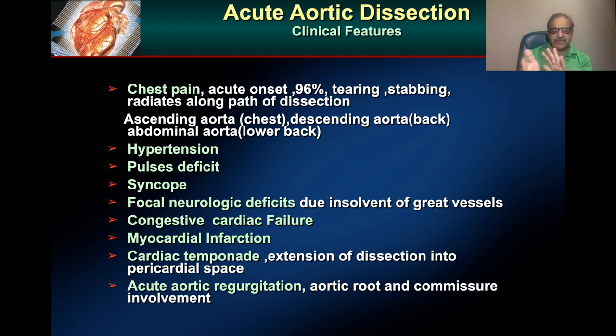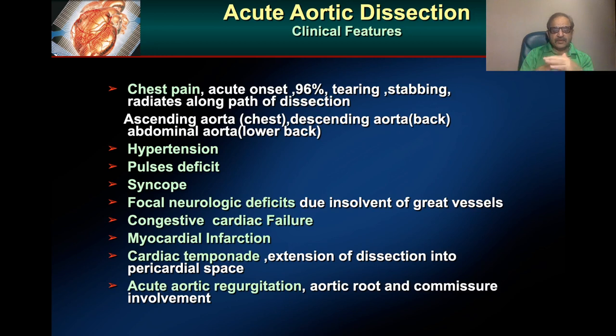So pulses may be absent because of the involvement of the ostia of the main vessels originating from the aorta. The patient may present with syncope. The patient may present with stroke because of the involvement of the carotid vessels, or the patient may present with paraplegia because of the involvement of the anterior spinal vessels in the dissection process.